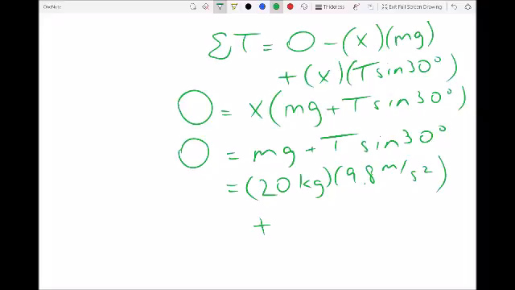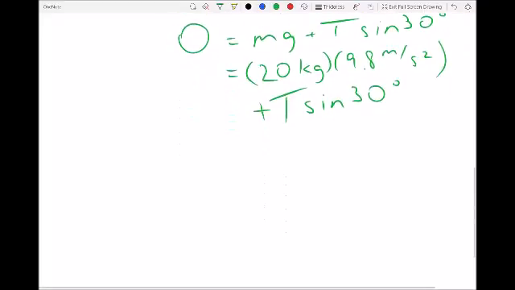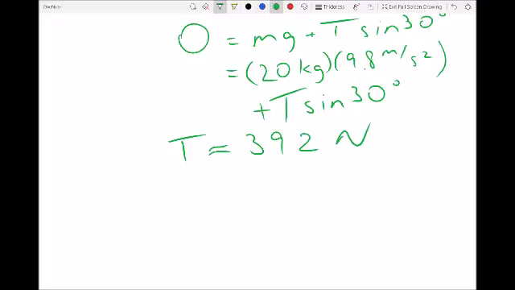We'll be able to solve for T. If we put all that in and simplify, we'll get tension equals 392 newtons. And that would be our answer for part A.